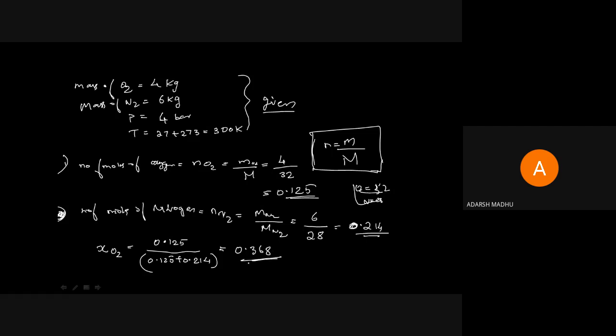The next digit is 367 as well, so we can take all the decimal points. Then mole fraction of nitrogen. X N2 is the number of moles of nitrogen, 0.214, divided by total number of moles, 0.125 plus 0.214.